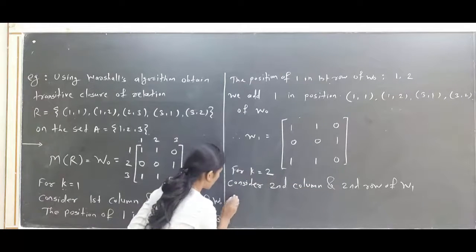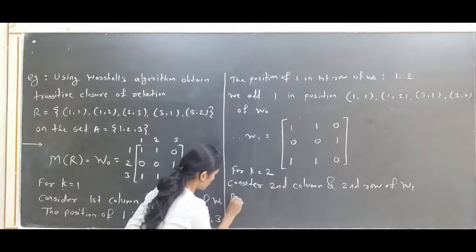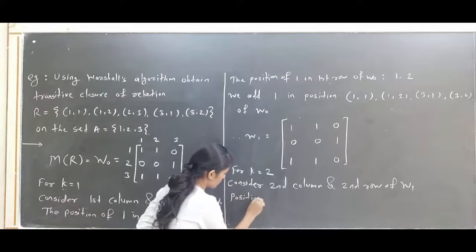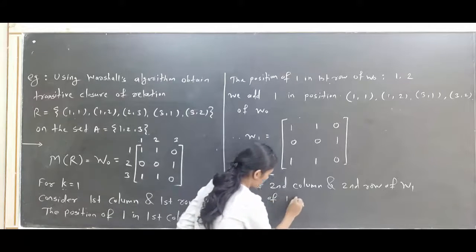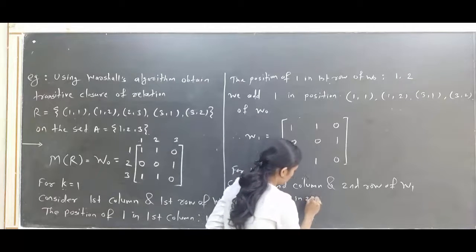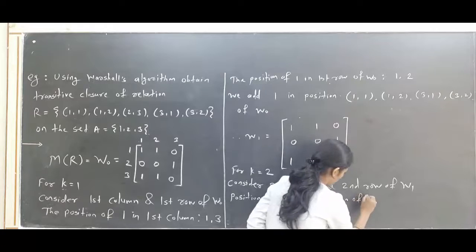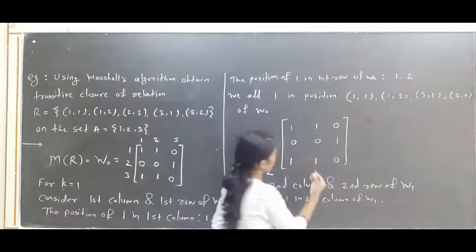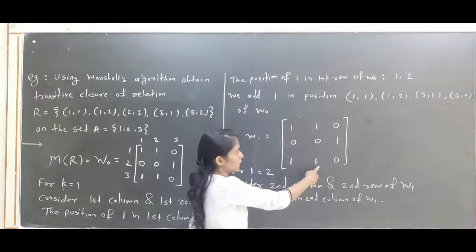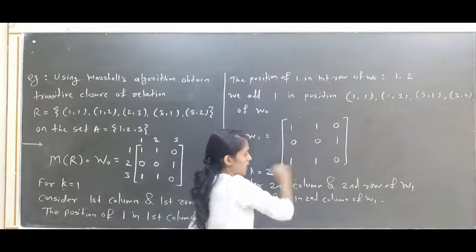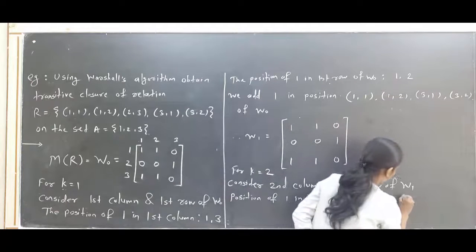Okay, so now find the position of 1 in the second column of W1. In the second column of W1, 1 is in positions first and third.